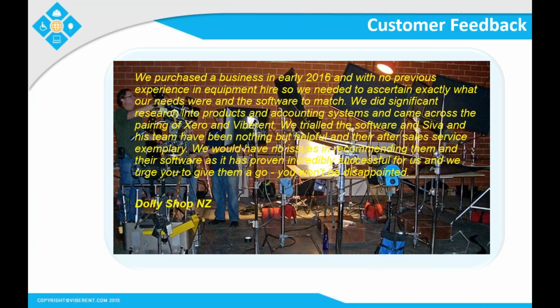This is the feedback from a customer in New Zealand called Dolly Shop. They said we purchased a business in 2016, and we trialled the software and our team have been really good. They strongly recommend Viberent as a system for companies like theirs.